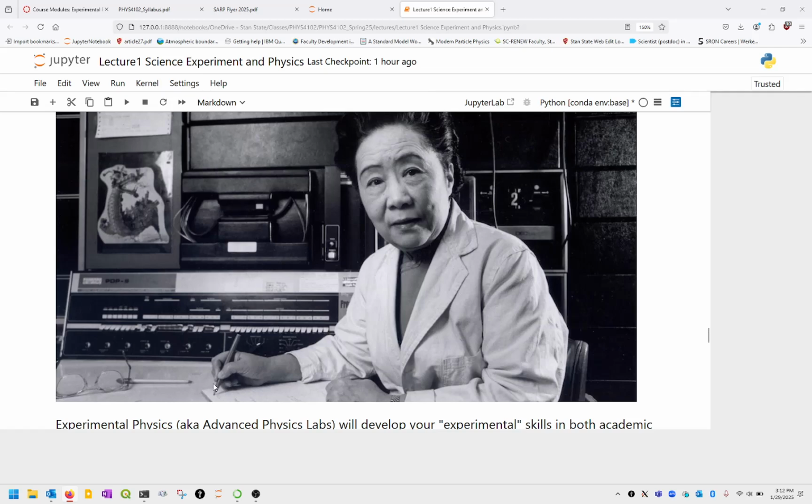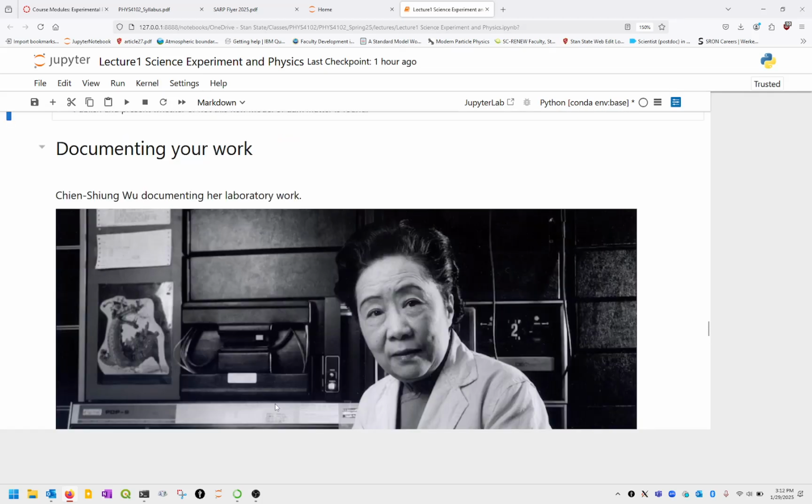Unfortunately, in the 1950s, women did not get a lot of credit for doing physics. I put this photo here because she's writing something down. When you're doing stuff in the lab, you should always have some sort of documenting ability, and in this class I'm going to teach you how to do it on a computer.